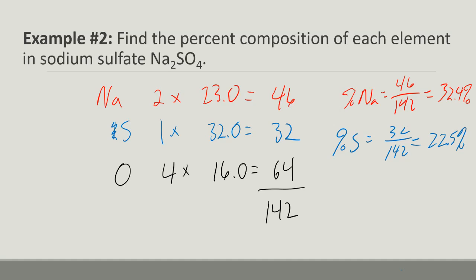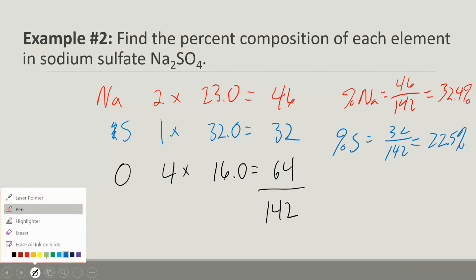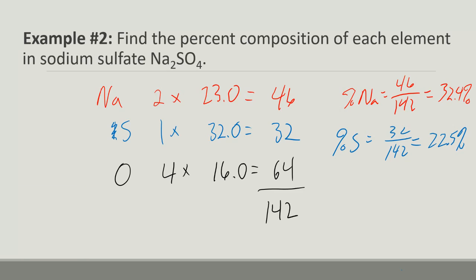And again, we can just subtract those from 100 to figure out what the next one is, or we can do it by math. Either way works. So percent oxygen is 64 divided by 142, which is 45.1. All right, so there you go. That's how you do those.